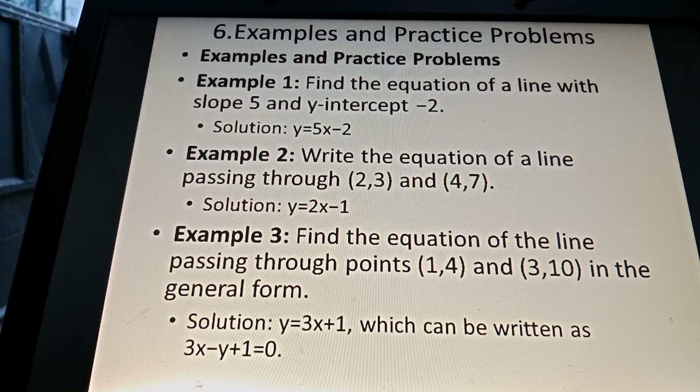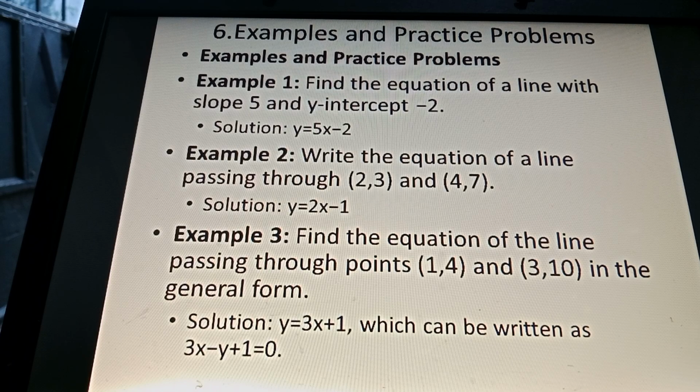Examples and practice problems. Example 1, find the equation of a line with the slope 5 and y-intercept 2. Solution, y is equal to 5x minus 2, using the slope-intercept form. Example 2, write the equation of a line passing through (2, 3) and (4, 7).